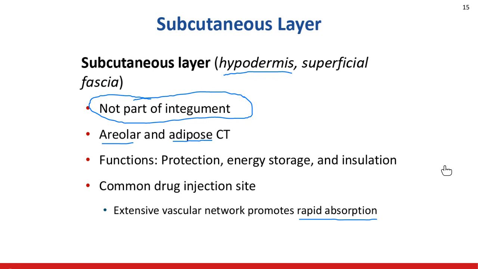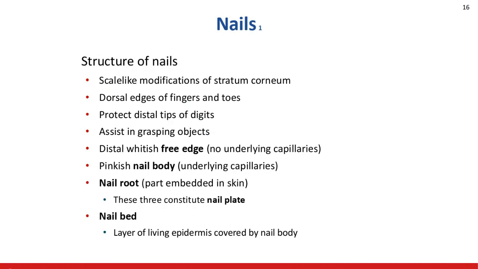All right, let's jump quickly into nails. Nails are part of the integument. It is an accessory to the integument. An interesting fact, at least to me, is the nails come from the outermost layer of the epidermis, the stratum corneum.